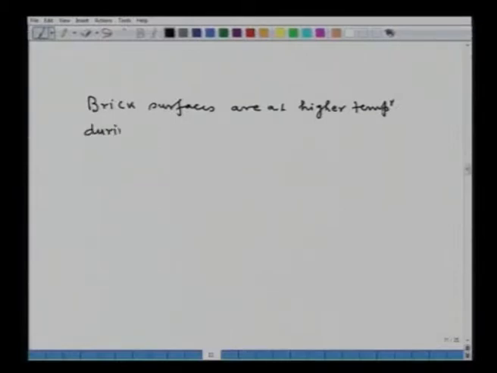By this analogy which I have enunciated, we will consider that brick surfaces are at higher temperatures during the flue gas cycle than during the cold gas cycle.